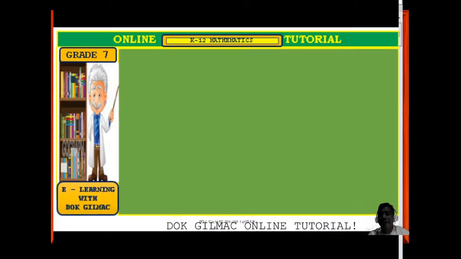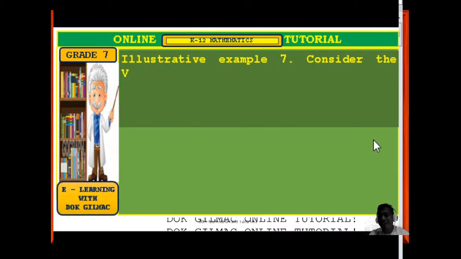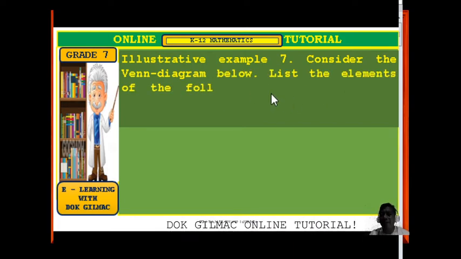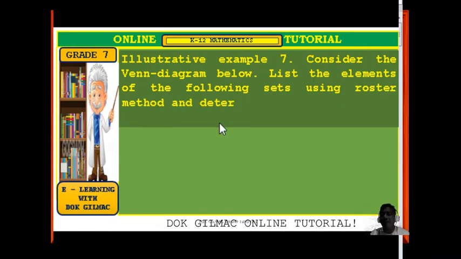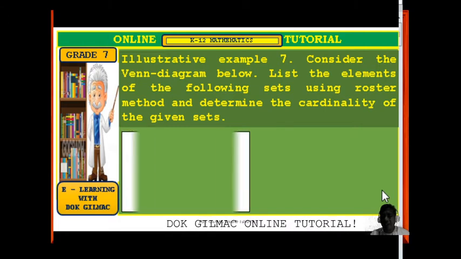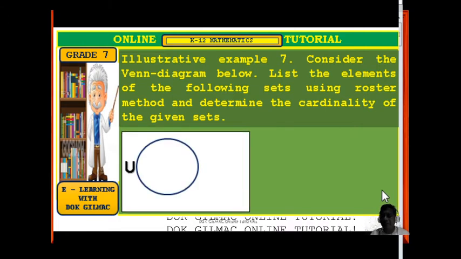Now, let's have example number 7. Again, we consider the Venn diagram below. List the elements of the following sets using roster method and determine the cardinality of the given sets. So let's have this universal set.